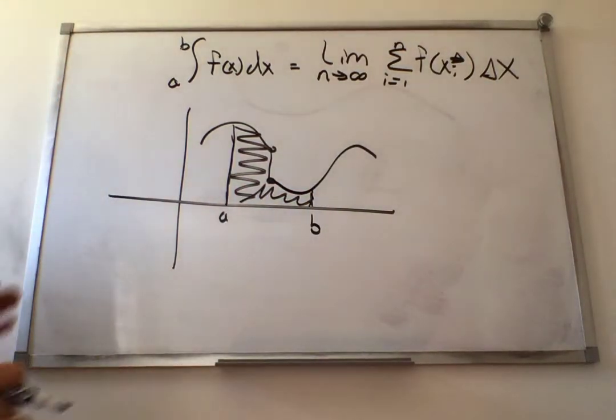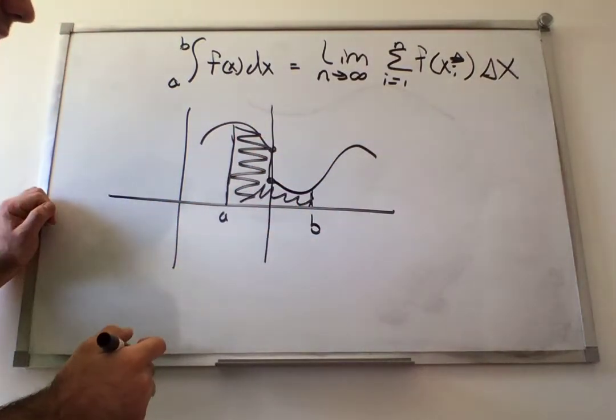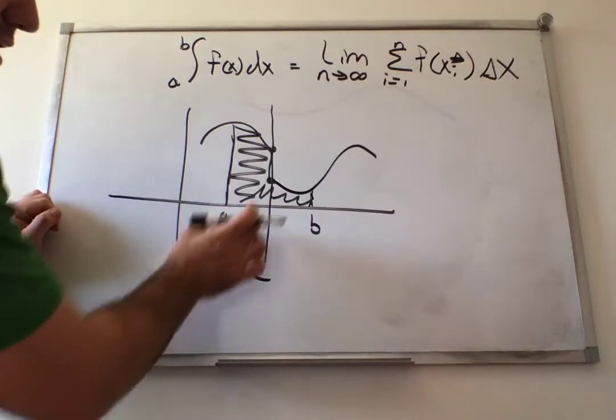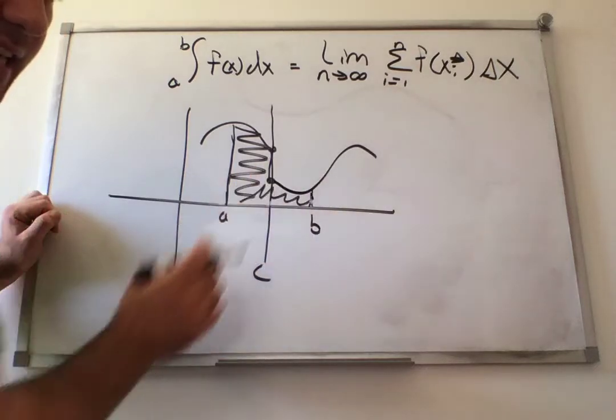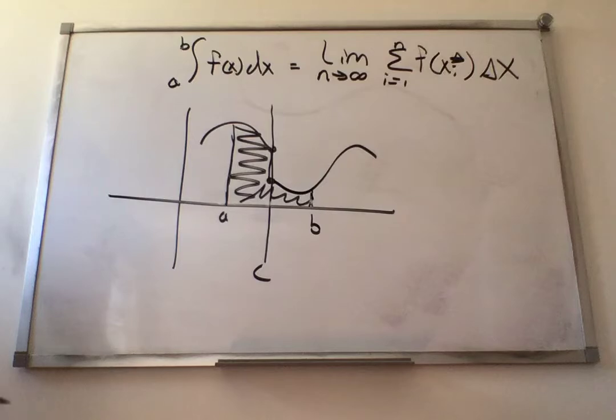What you would do is cut the graph right along this discontinuity, at some c value between here and here. You'd find the area of the first piece, find the area of the second piece, and then add the areas together to get the area of the whole piece.